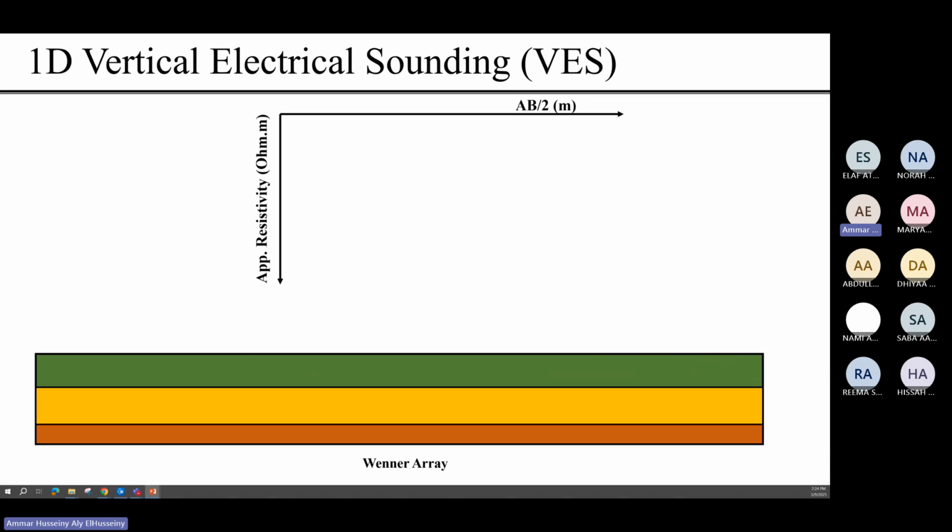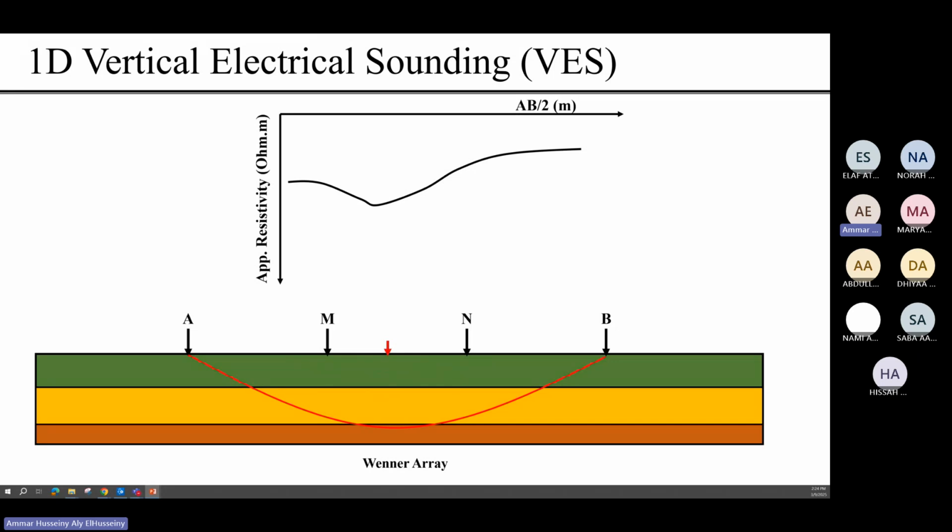Now, in the 1D vertical electrical sounding, essentially what we do, we fix the center point. We just change the spacing to go deeper and deeper. And in this case, this will give me an indication of how the resistivity varies vertically. So that's the main difference with the 1D horizontal profiling.